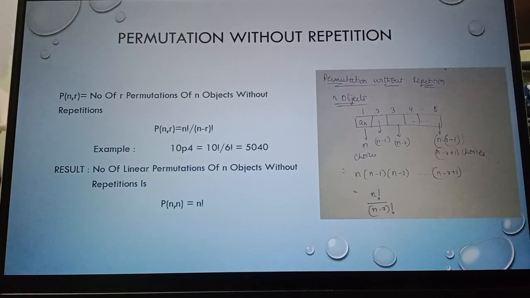Another formula, for the number of linear permutations of n objects without repetition: there are n objects, and we can arrange these n objects in n factorial ways. So this is the formula for permutations without repetitions.